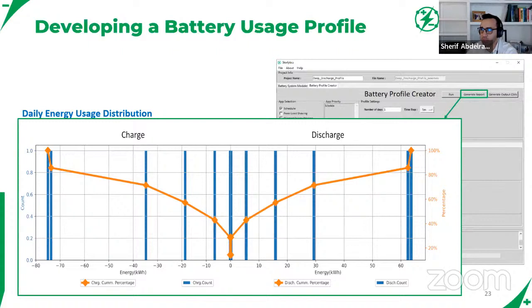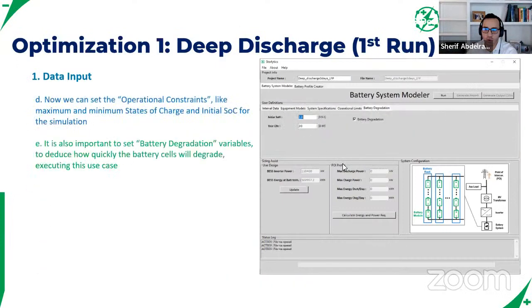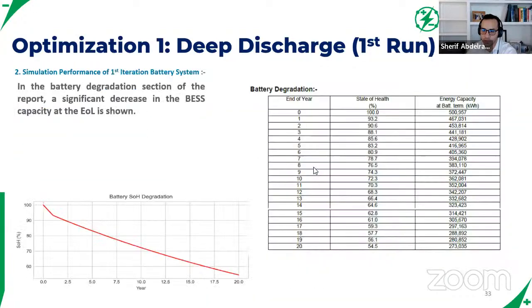If we extend the lifetime beyond 20 years, would the model provide a degradation in state of health curve? Yes. So I think here you can set this to 30 years, but as you view the results, for instance here, we're getting into 54% state of health, and we know that our end of life for our batteries is 65% state of health.